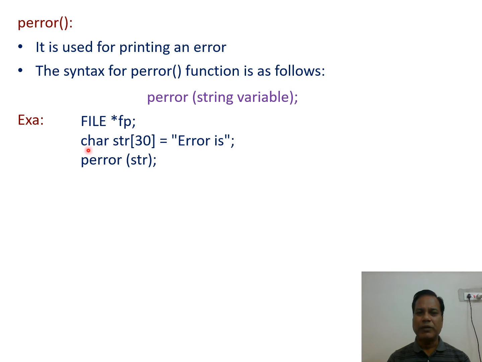The next statement declares a character array that can store "error is" in it. Then perror(str). This statement prints "error is". So when these codes are executed, we get the output like this one: error is.